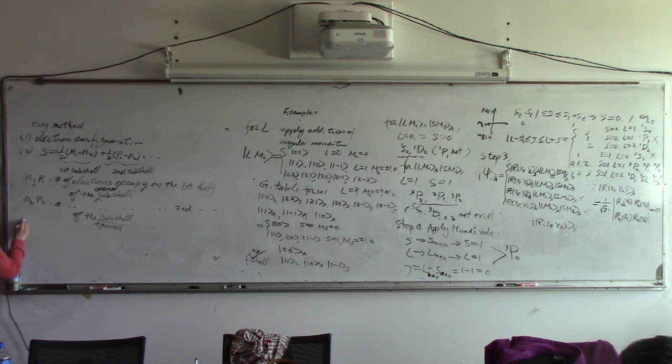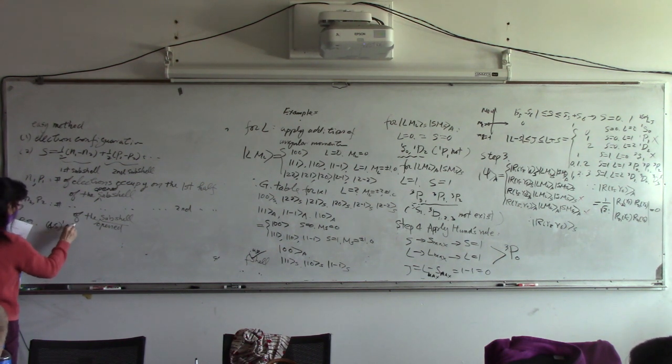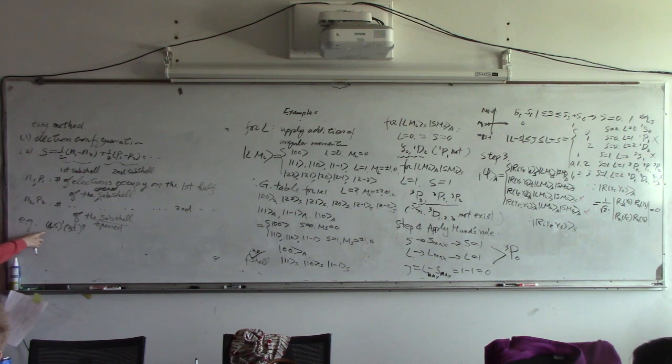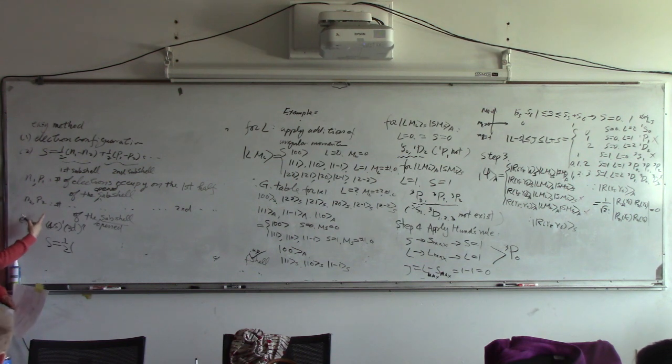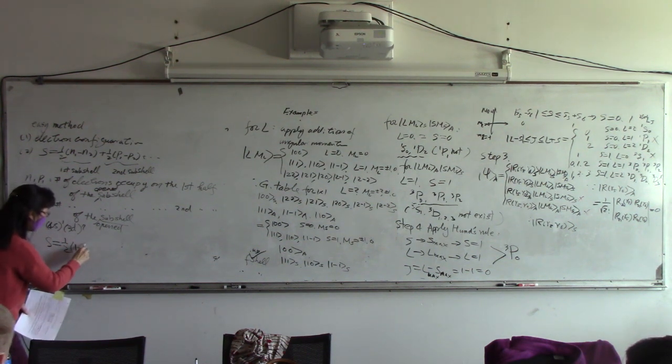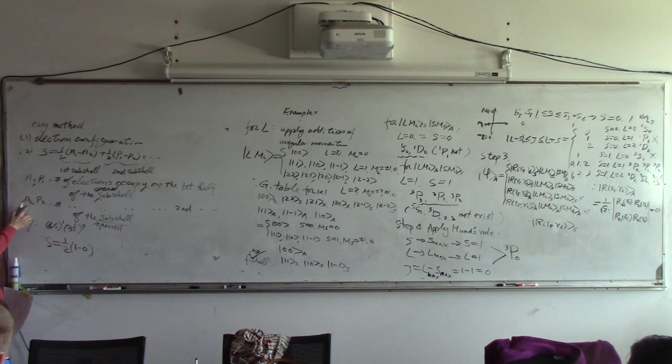So for example, if we have 4s1 and 3d7, and before that everything is fully occupied, then the open subshells are these, so S equals half of N1 minus N2. What is N1? It is 1, because we have 1 electron in the first half of the shell. The second half has no electron, so N2 is 0.